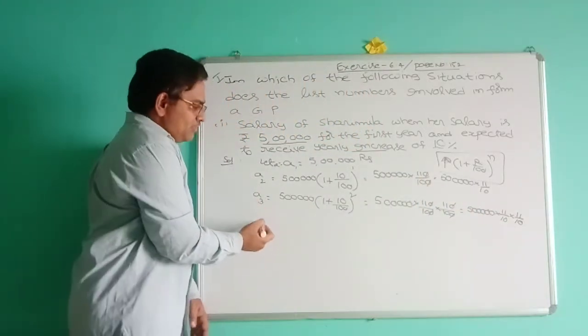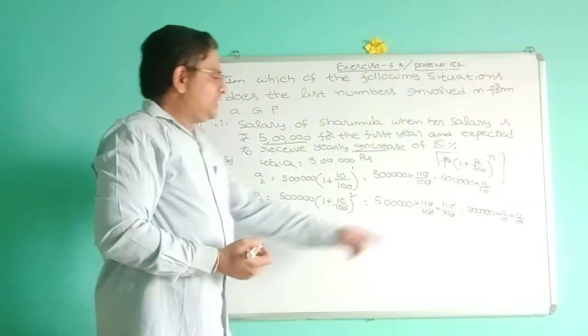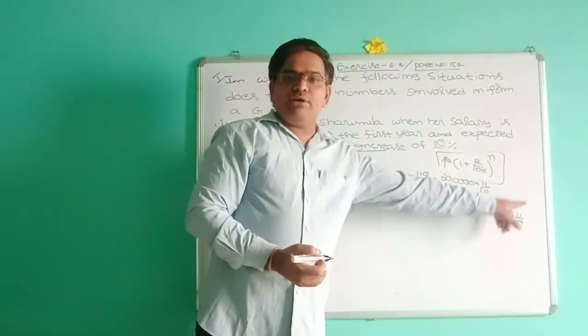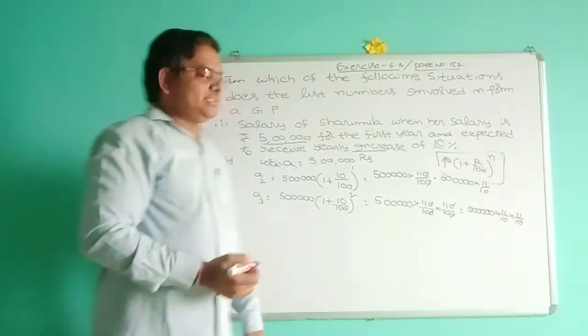You followed. Suppose you find A4, then it is 5 lakhs into 11 by 10 into 11 by 10 into 11 by 10, like that.